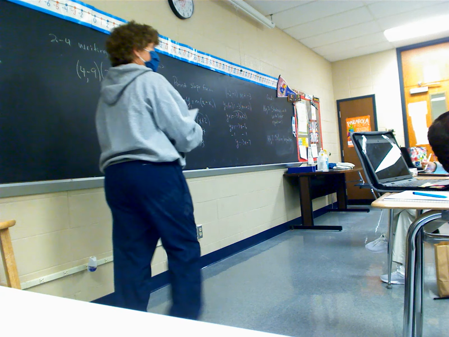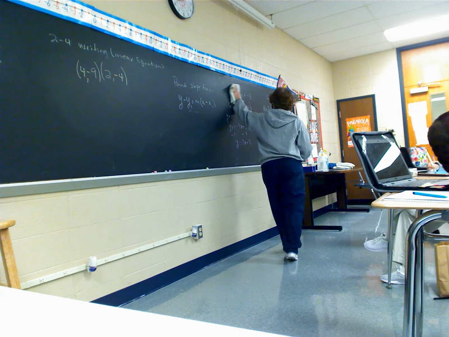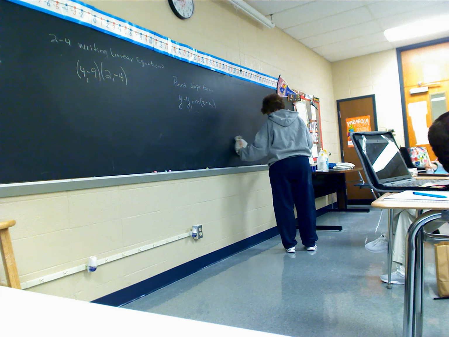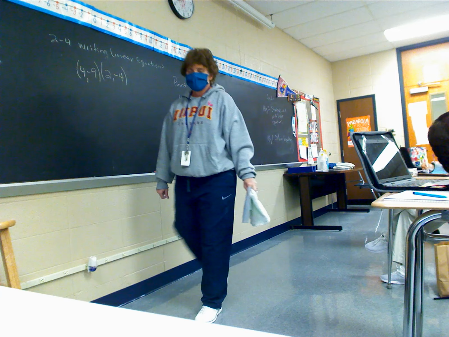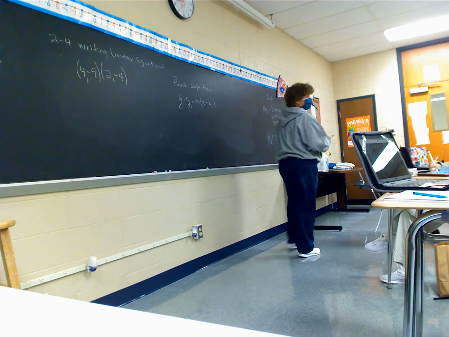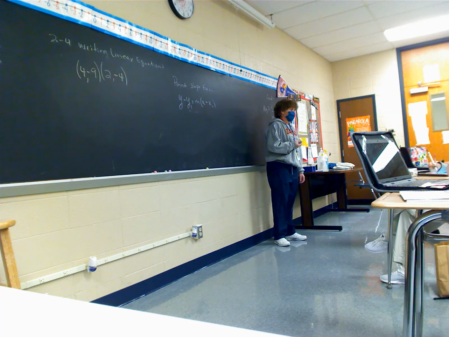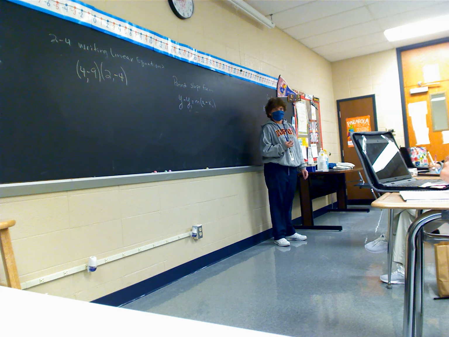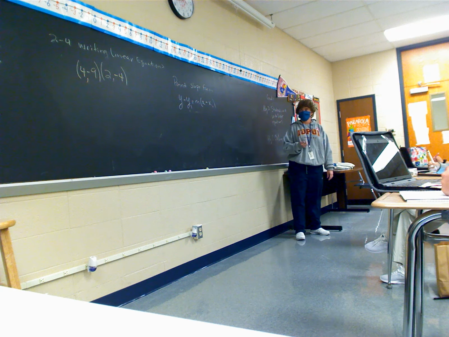So write the equation for a line in slope and y-intercept form that goes through those 2 ordered pairs. Here, find the slope first. Use the slope formula and find the slope.